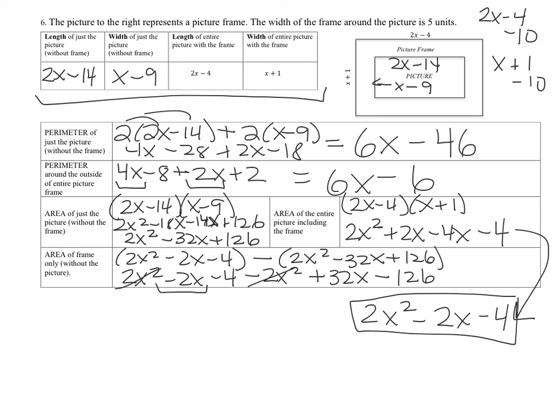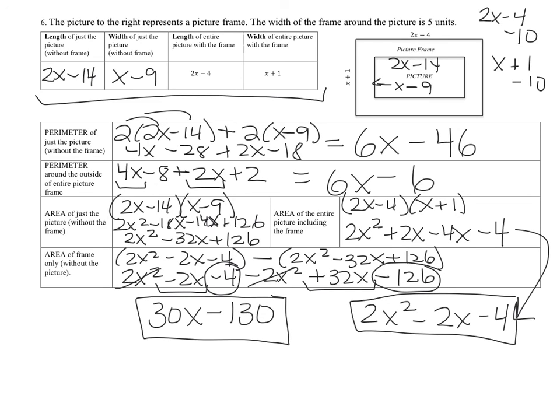Negative 2x plus 32x is 30x. And then negative 4 minus 126 is negative 130. So there you go, 30x minus 130. So now I want you to try to finish the rest of the paper on your own.